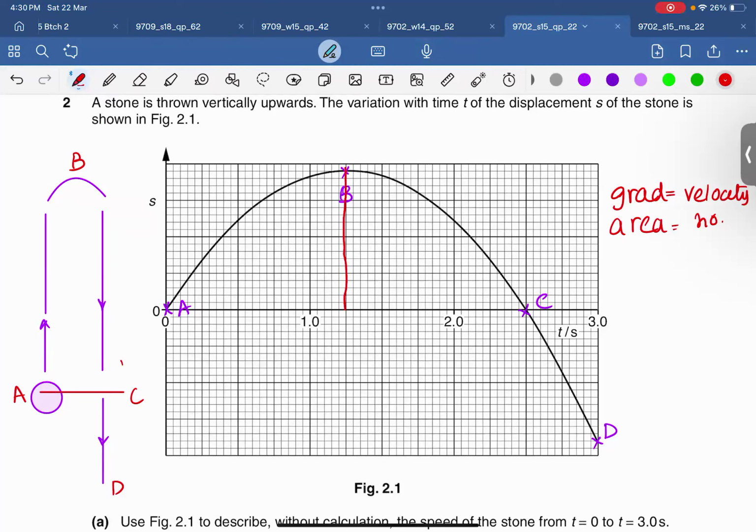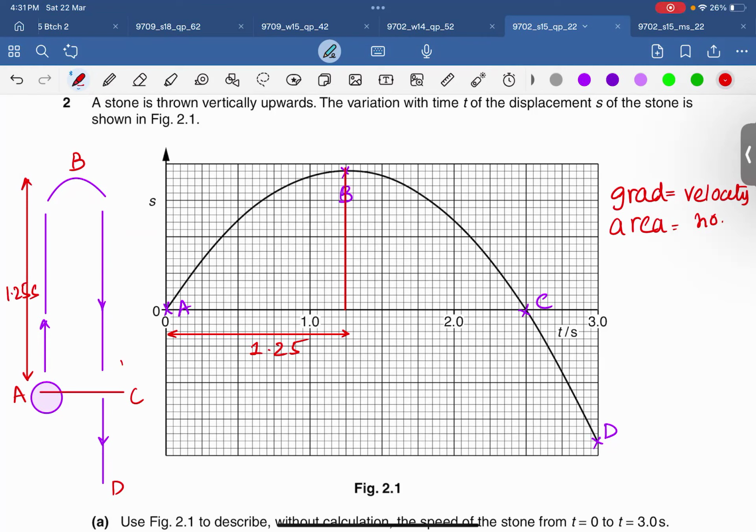At this point, the stone reaches the maximum height, and this time is basically 1.25 seconds. So basically from here till it reaches the maximum height, it takes 1.25 seconds.